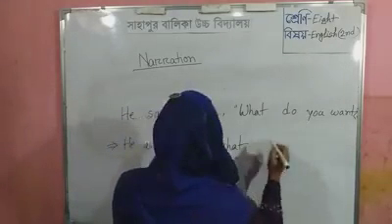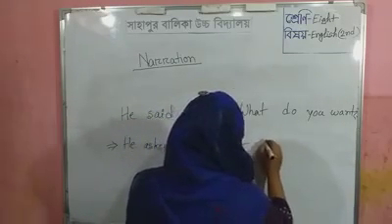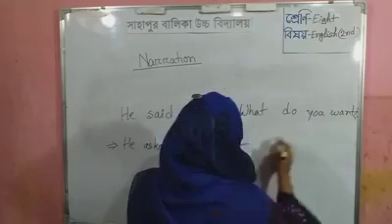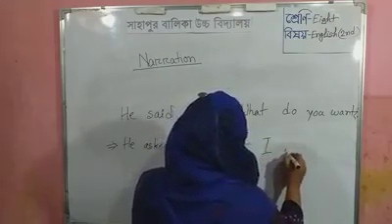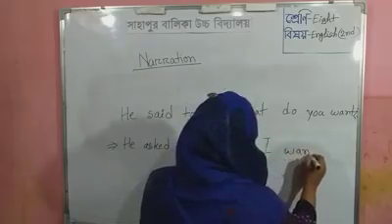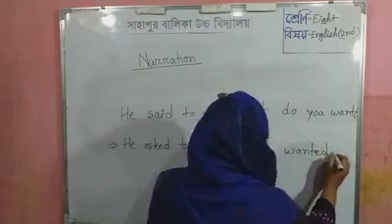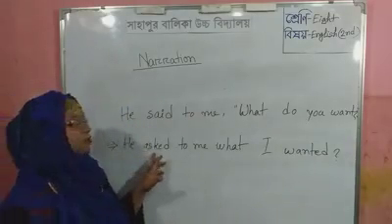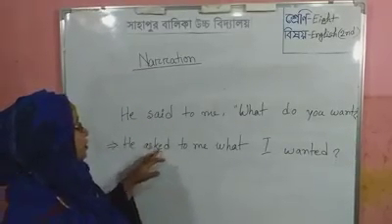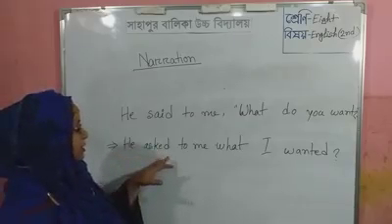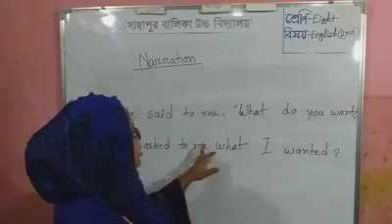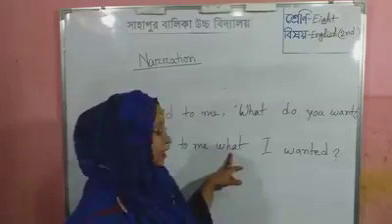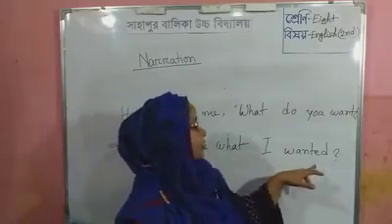What. What I wanted. There we use asked as the reporting verb. To me is the object, and according to the chart, what is the connective word? What, and I wanted.